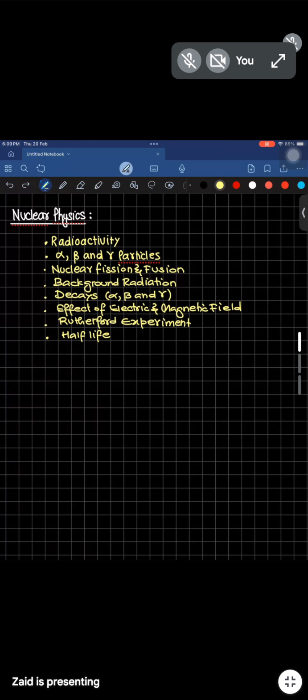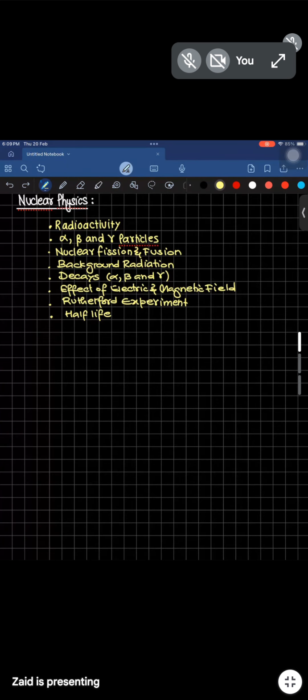It's a very interesting topic, and most probably the second last question in all the papers is from this topic, so you must know about this. So what is this topic all about? You'll get the notes for this. Heavy nuclei are unstable.